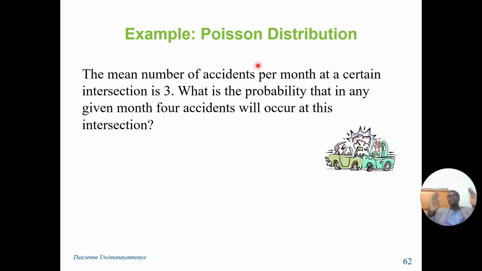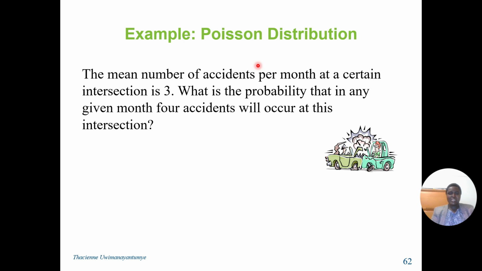So you see, we have an interval. The interval that we are taking here is a month, and the event that we are tracking is having an accident, knowing that the mean number of accidents in a month is 3. So if we are in June, and they ask what is the probability of having 4 accidents in this June month, how are you going to compute it?